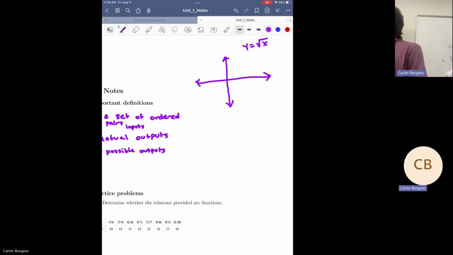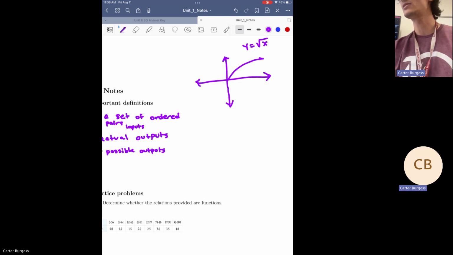So even though there's a region of our graph where it could be negative, it's just never going to be. It's always going to be stuck in this positive space. And so even though those negative numbers exist, we don't use them. That would be the difference between the range, which is all the positive numbers, and the codomain, which is maybe just all the reals.